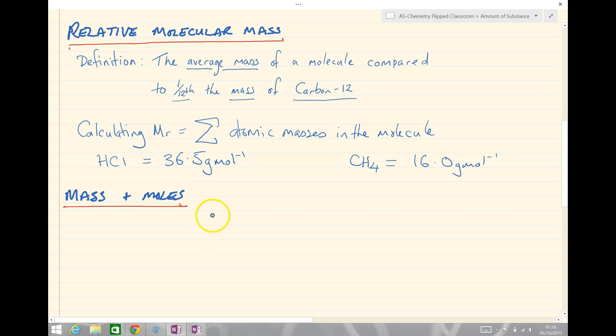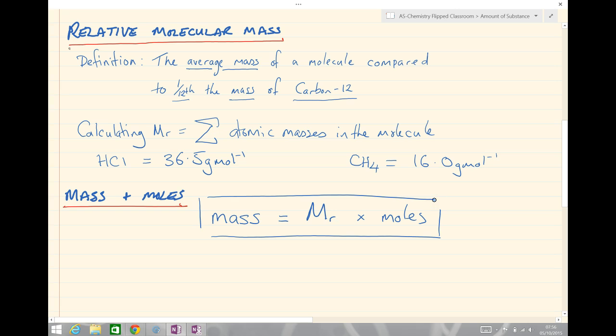Well, hopefully you remember from your GCSE studies that mass is equal to the molecular mass, Mr, times by the number of moles. So we've often described that as mass equals Mr times moles as our little aide-memoire.